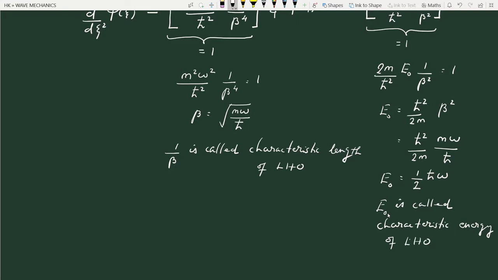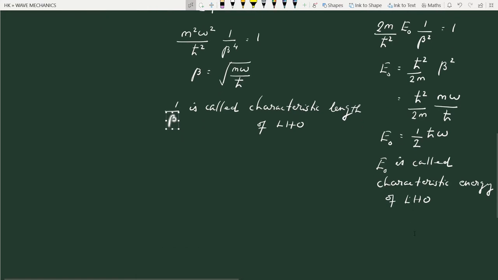Okay, so that's it. 1 by beta is called characteristic length, and E0 is called characteristic energy. Okay, so this is characteristic energy, and 1 by beta is characteristic length.